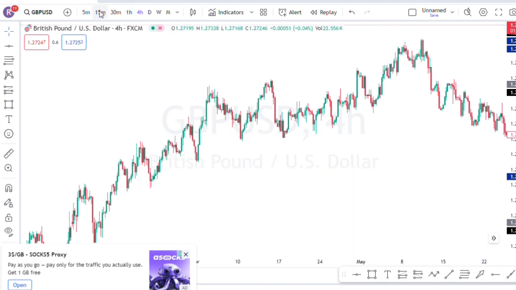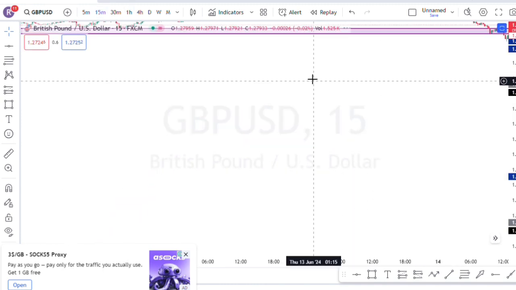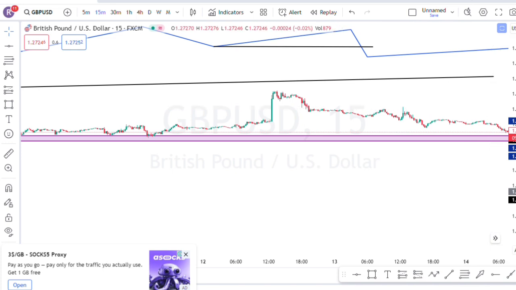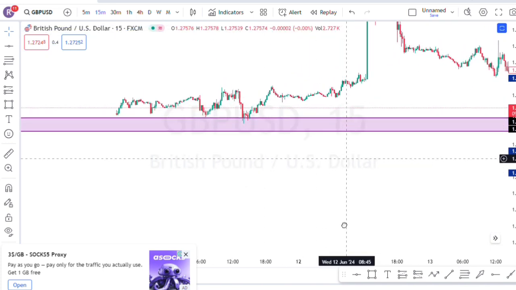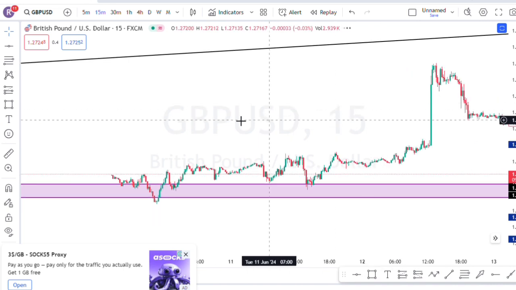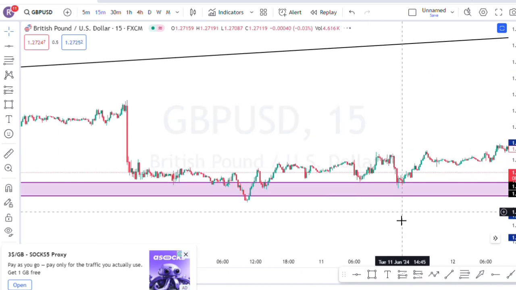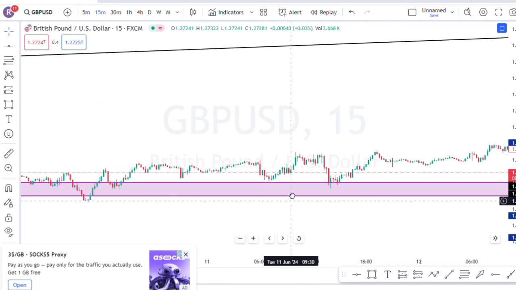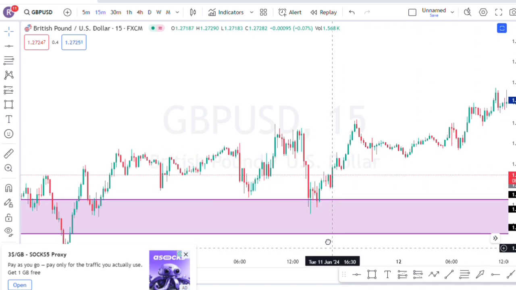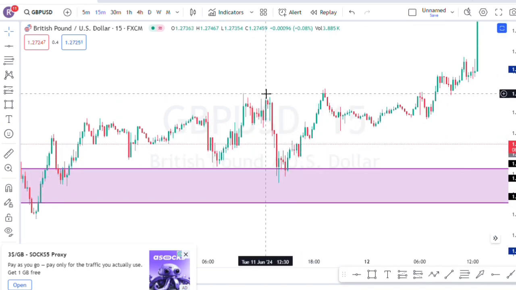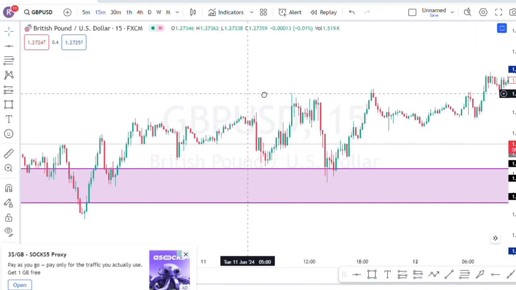Let's go down to the 15-minute time frame so that you don't say that it only works on one time frame. So from here I can see a very valid supply zone. This was a very good supply zone, but not perfect.